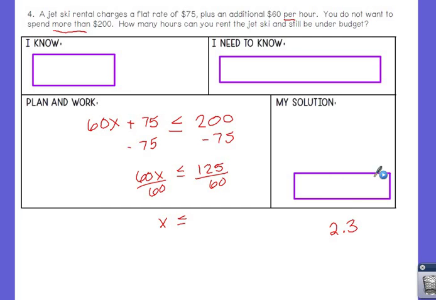How many hours can you rent the jet ski and still be under budget? Can I round up to a 3 and still pay for it? No. I would not have enough money. So I would have to round down to a 2. Because what happens if I come into the dock 10 minutes after the 2 hour mark?